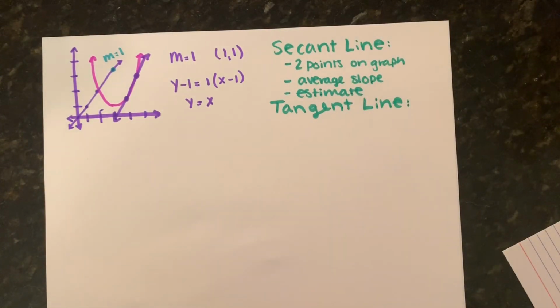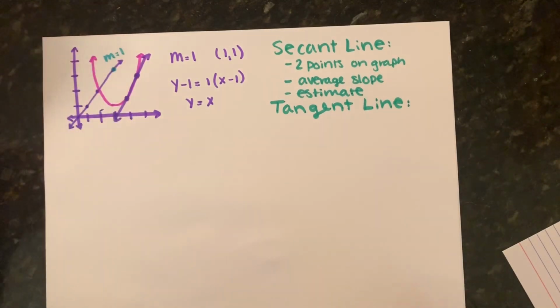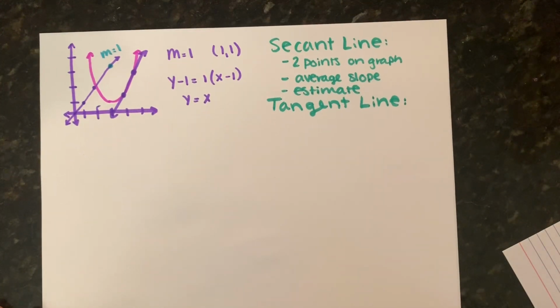Now, what happens if we move those 2 points on our secant line closer together? Well, it would make the estimate of the slope at a point between those 2 points more accurate because the points would be closer together.